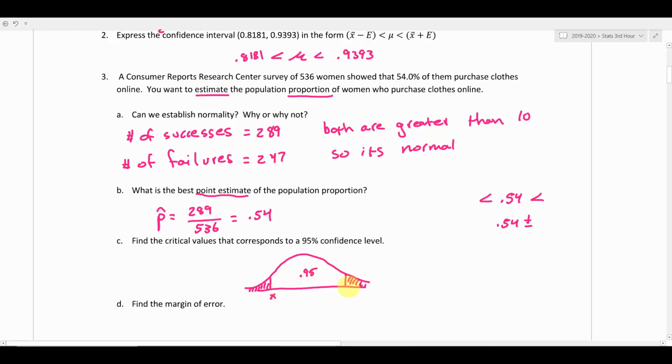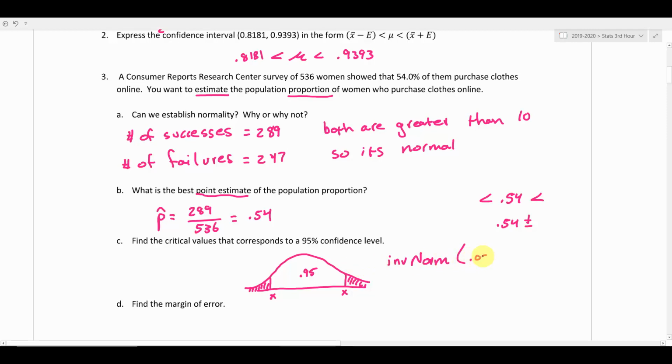What we're looking for are these values here that kind of separate that 95% in the middle from the two tails. So to figure out what these critical values are, we just need to do an inverse norm. Okay, so an inverse norm. And if there's 95% in the middle, that means there's 5% split up between these two tails. So we're looking at 0.025 or 2.5% in each of the tails.